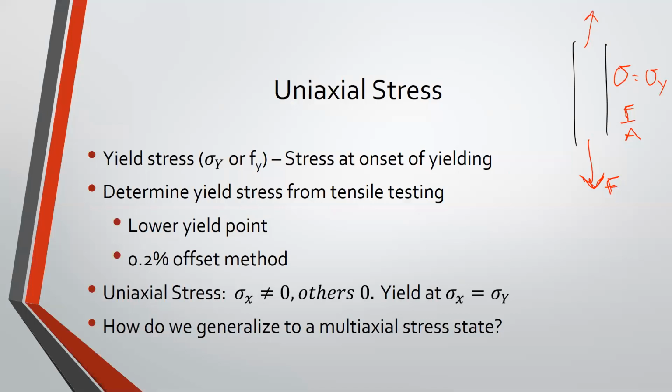So you should remember that if you have a stress strain curve that looks something like this, you can either use this value here, which would be that lower yield point, or you can do the 0.2% offset and get some other estimate, which would be relatively close in terms of estimating your yield strength. So when we have this uniaxial stress state, we only have one non-zero stress. All the others are zero. So we say that when that stress equals yield stress, we've yielded.